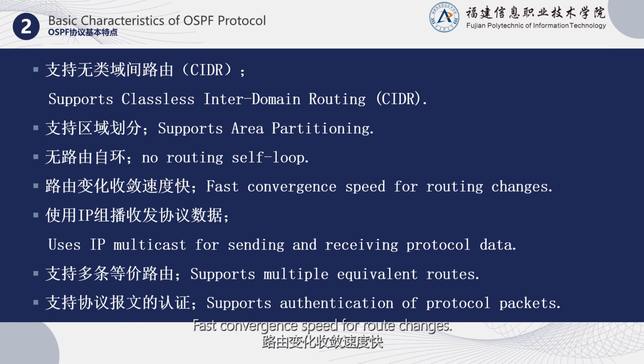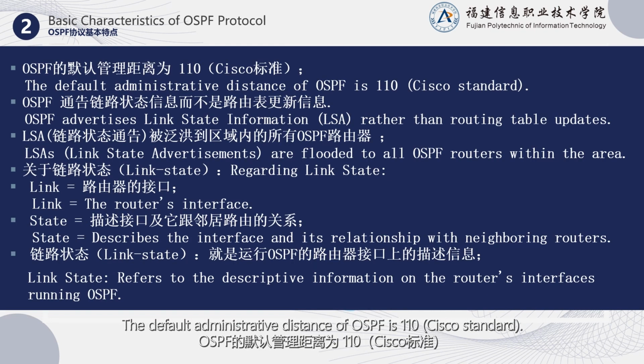Fast convergence speed for route changes. Uses IP multicast for sending and receiving protocol data. Supports multiple equal cost routes. Supports authentication of protocol messages. The default administrative distance of OSPF is 110, Cisco standard.